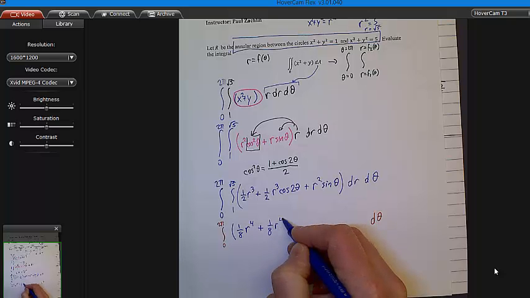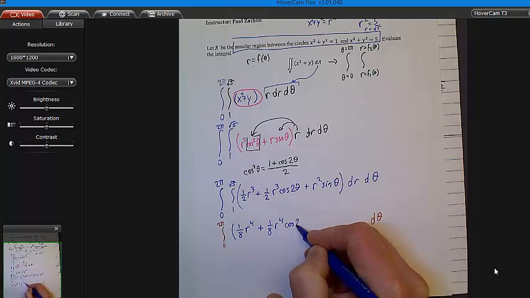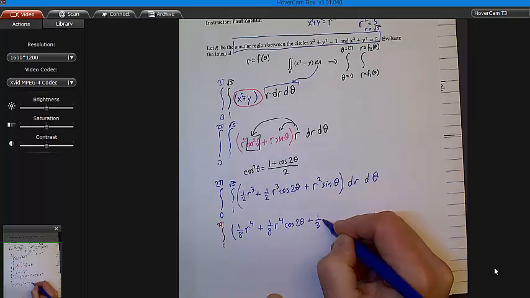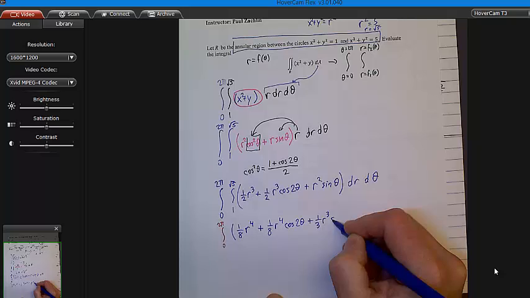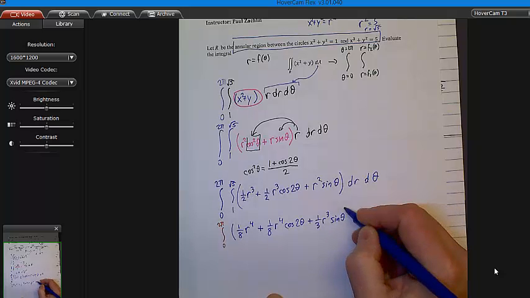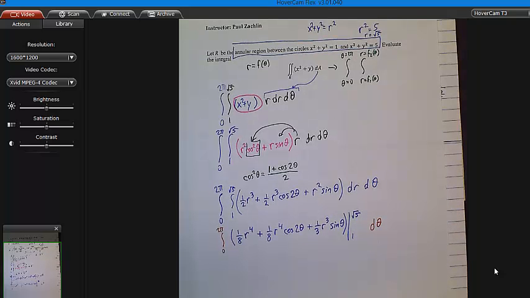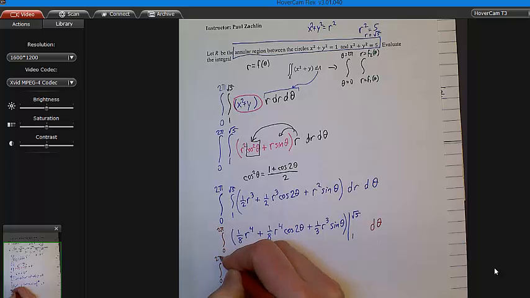R to the 4th cosine 2 theta. 1/3 r cubed sine theta. And we're going from 1 to the square root of 5. Wow, this does get bad. 0 to 2 pi. So let's see.